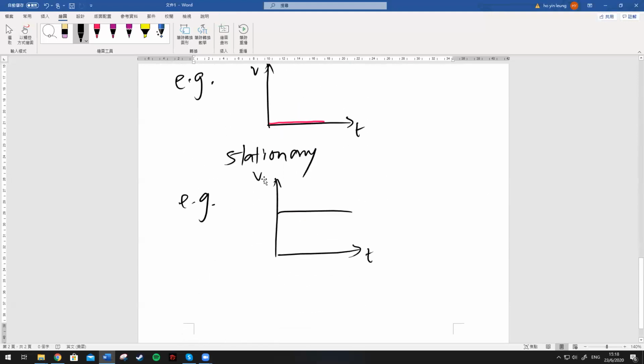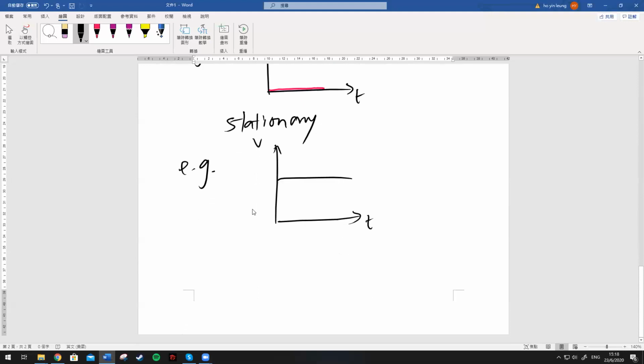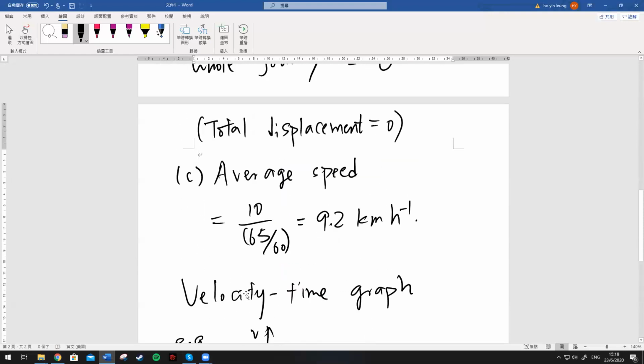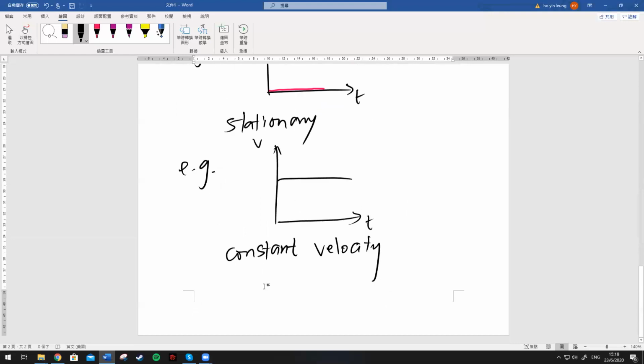Now, if this is displacement, then it is really stationary, right? Because it stays in the same position for all time. Then this time is not, because this is the velocity. So the interpretation of this is that it is going at a constant velocity. Okay, constant velocity.